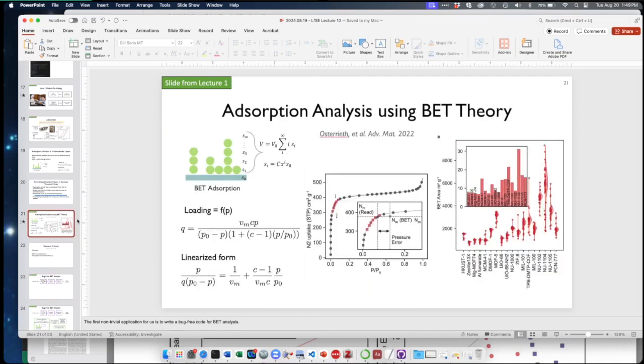If you rearrange, so this one is the linearized form. So VM and C are your unknown constants. So this would be the intercept. This would be the slope. And you just need to rearrange your P over P naught and Q as these functions in order to get a linear equation where you can optimize these coefficients and get your values out.